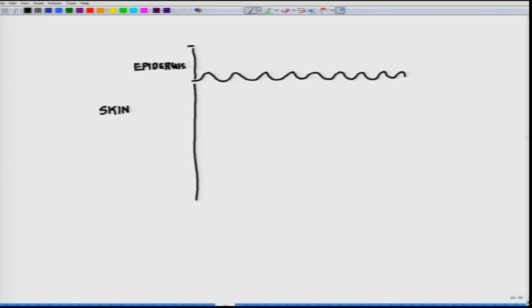In the previous class about the skin cytoarchitecture, we talked about two different layers. There is this epidermis layer, then underneath, you remember the structure, there were convolutions and undulations out here, followed by the dermis layer.